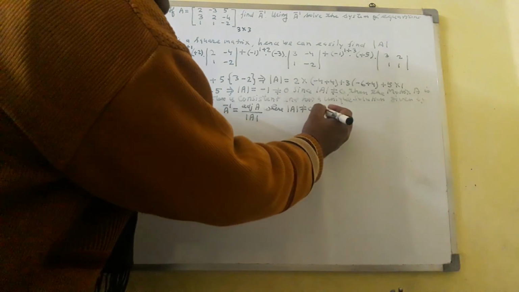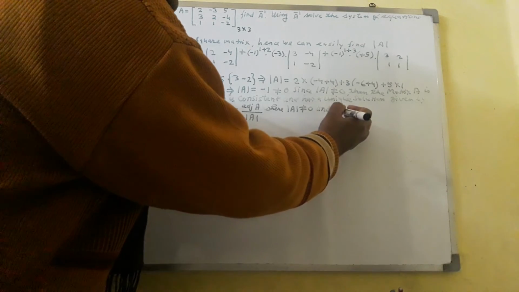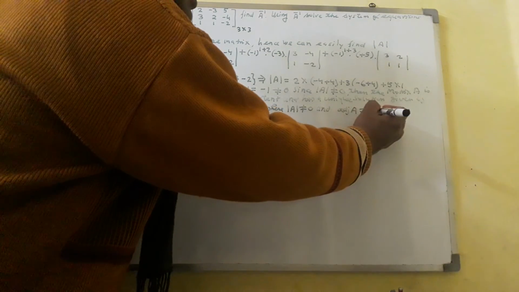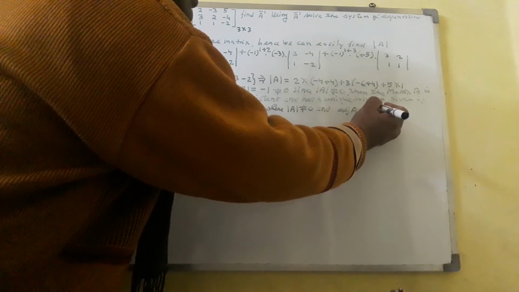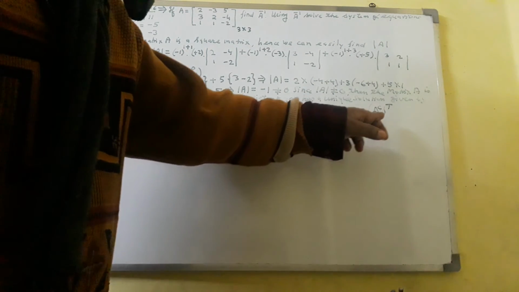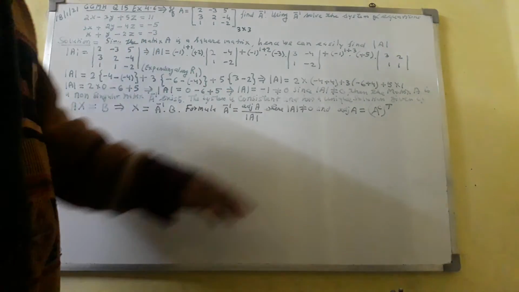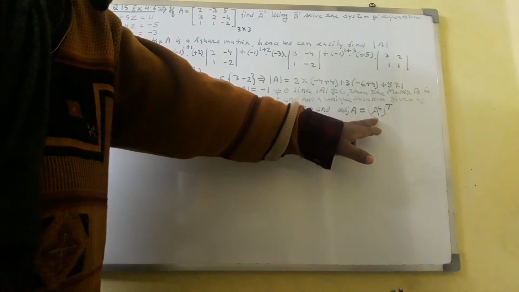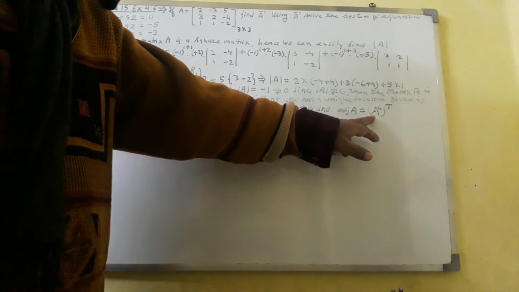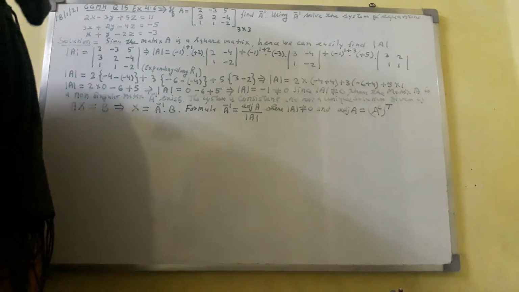And adjoint of matrix A equal to transpose of cofactor matrix. So this is the formula we must remember. So you have to find first the cofactor matrix of A. Cofactors of matrix A, so cofactor matrix you have to find.